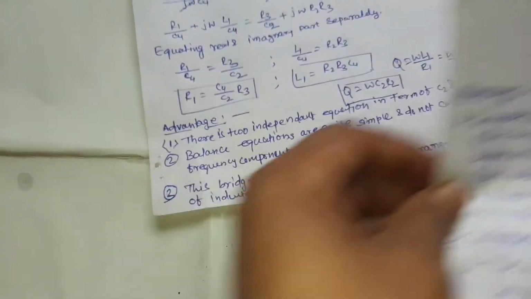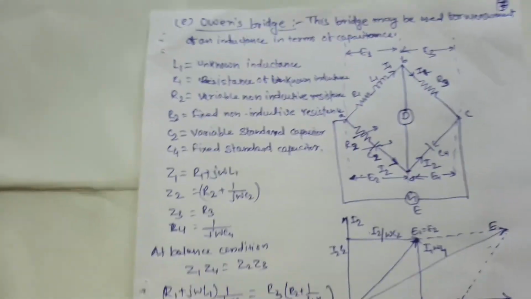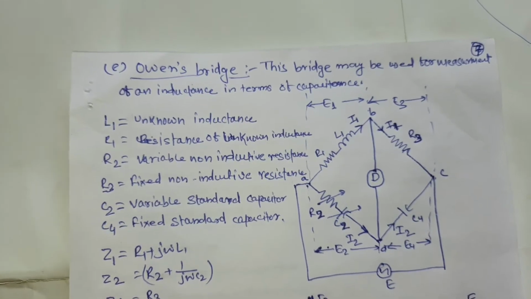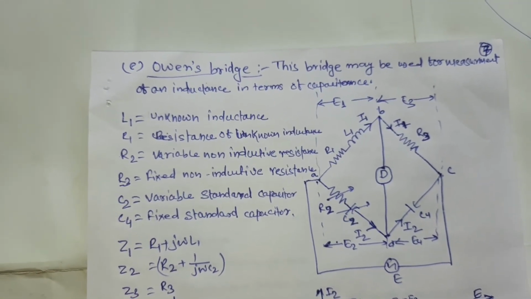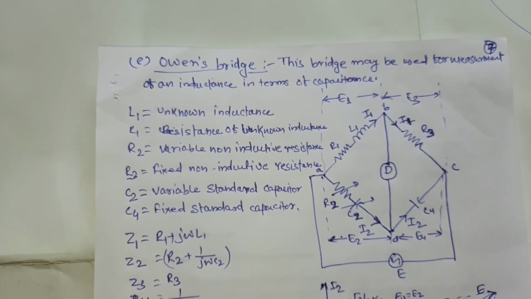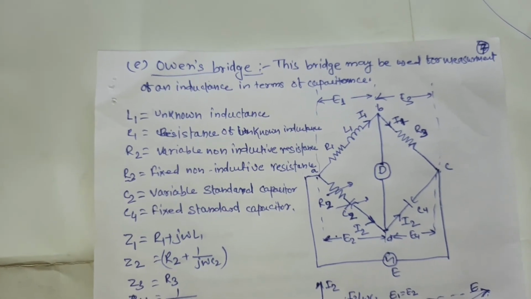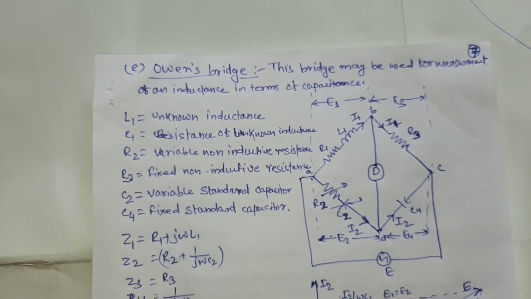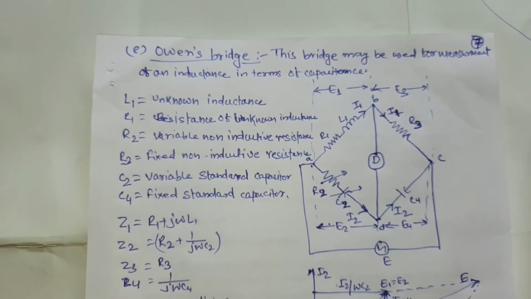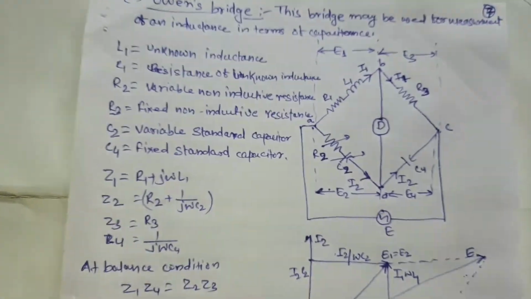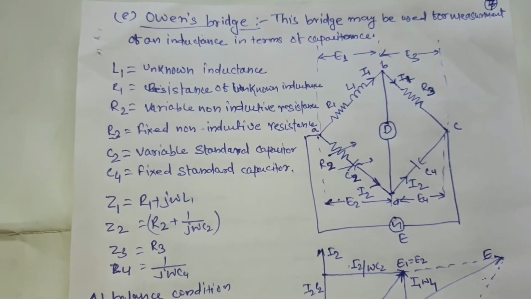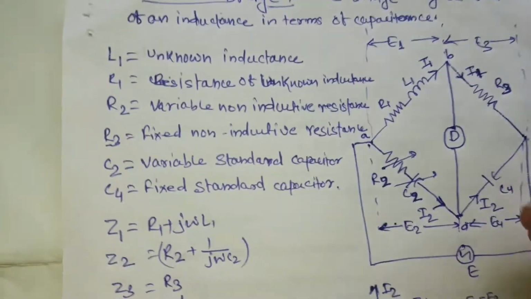Next, the last one. For the measurement of self-inductance of a coil, the Owen bridge is used. So the Owen bridge may be used for the measurement of inductance in terms of capacitance. Suppose this is the circuit diagram of the Owen bridge.